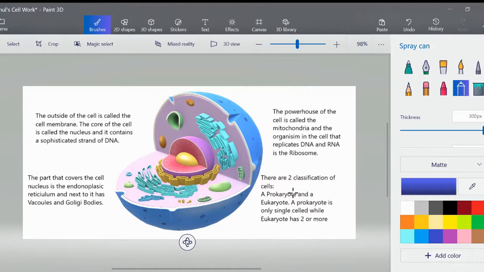So a prokaryote only has one cell. Let's say viruses. Viruses only have one cell, and it's just a lipid envelope with some genetic material inside. It's just a coating with some DNA or RNA in it. That's it.